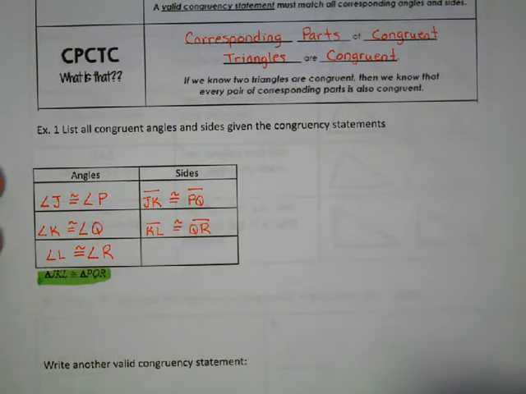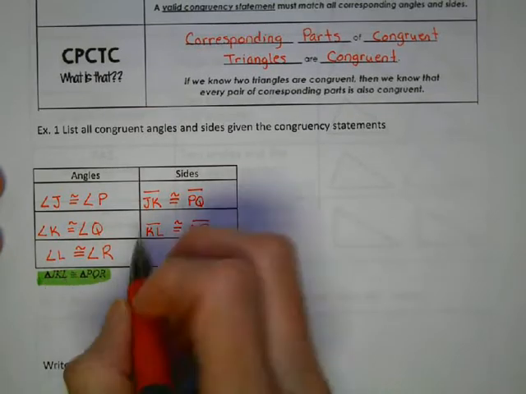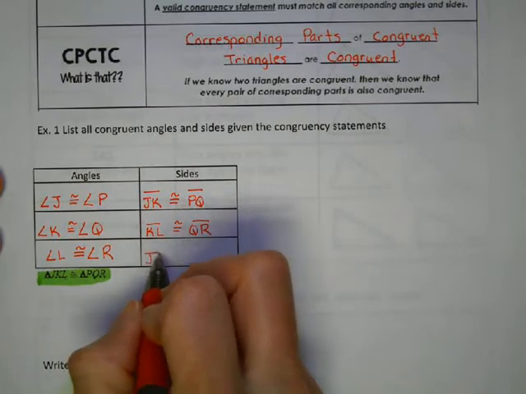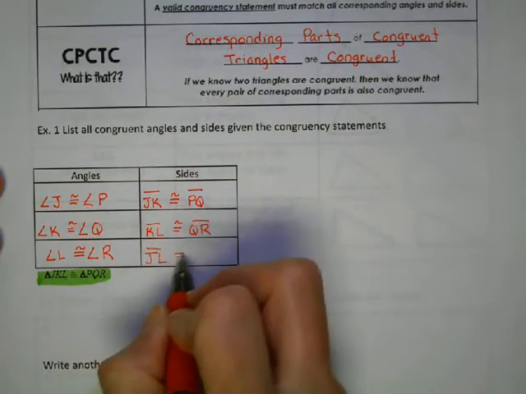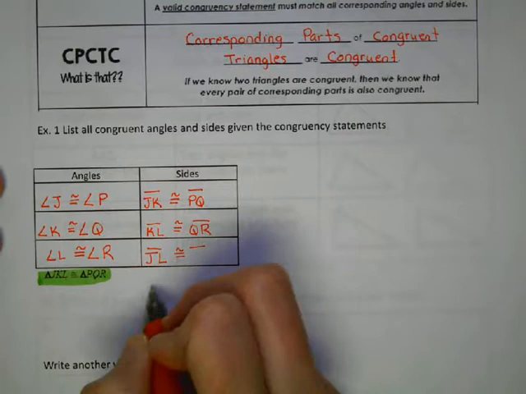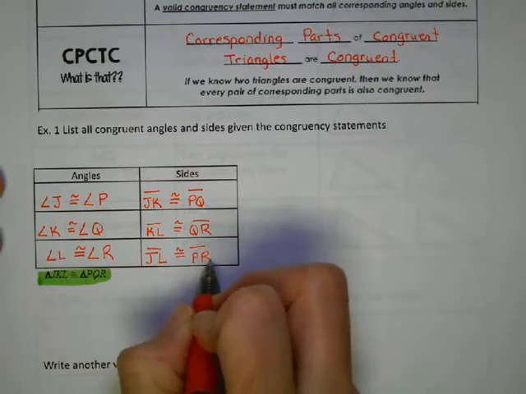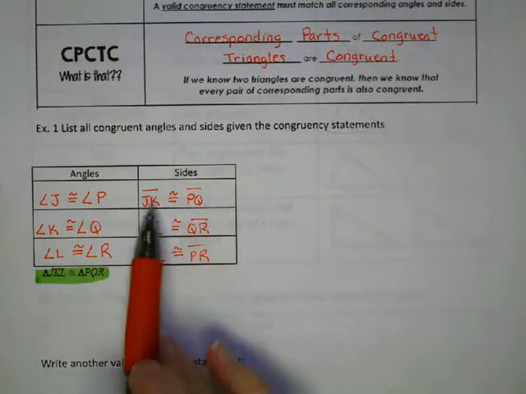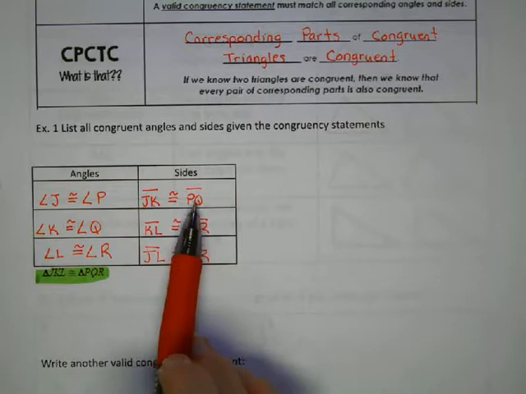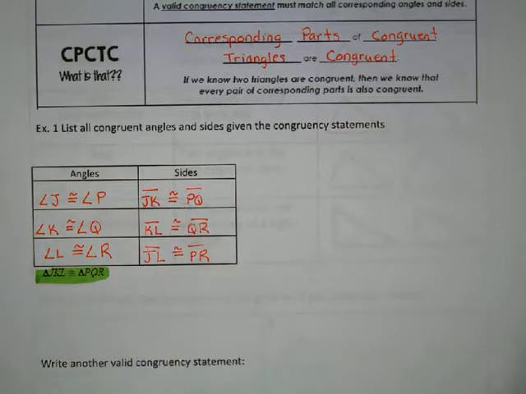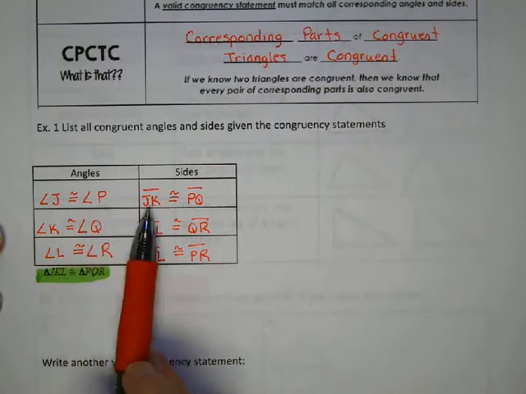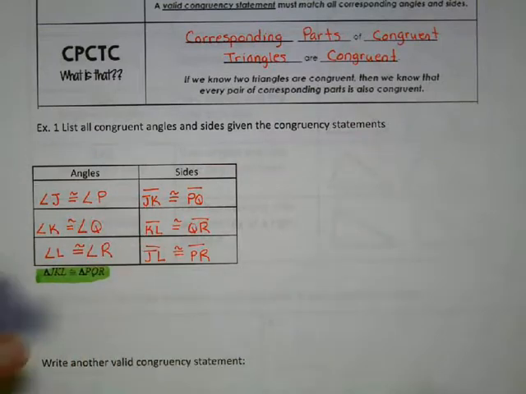And the last one, if I do the first and the last, segment JL is congruent to segment PR. And if you put KJ, then you would just want to write QP. The order that you write them, we typically want to match up specific letters, so it's important that we write them in the same direction.